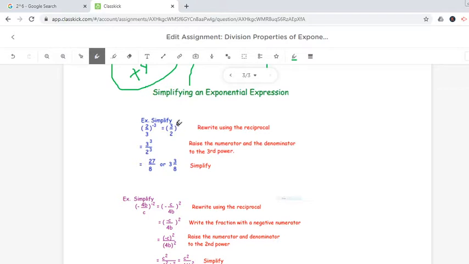Okay, so outside the parentheses, so we multiply. So 3 to the third, and 2 to the third from this. Now 3 to the third, so we got 3 times 3 times 3. That's 3 to the third.